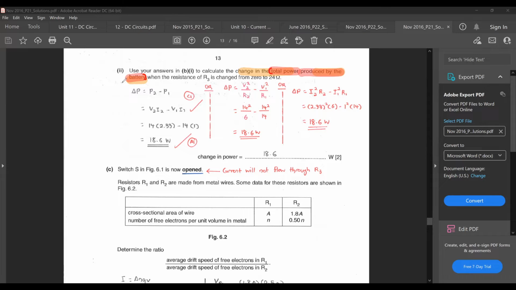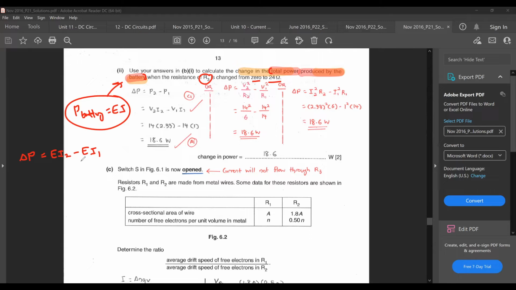The thing that should come to mind is power of battery is EI. So what is the change in total power produced by the battery when your resistance R3 is changed from 0 to 24 ohms? Basically your change in P is E I2 minus E I1.